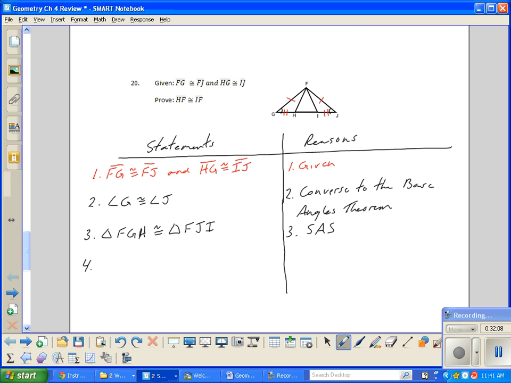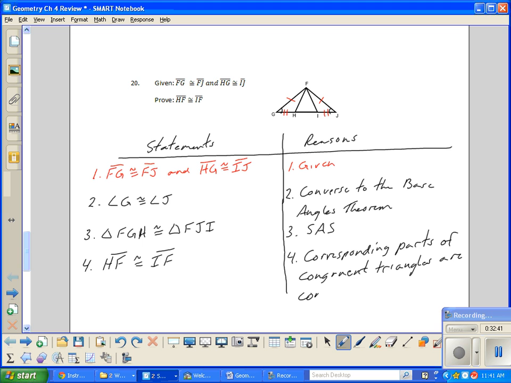So that allows us to say that HF is congruent to IF based on that principle that corresponding parts of congruent triangles are congruent. Because if they're congruent triangles, then all the corresponding parts have to be congruent.